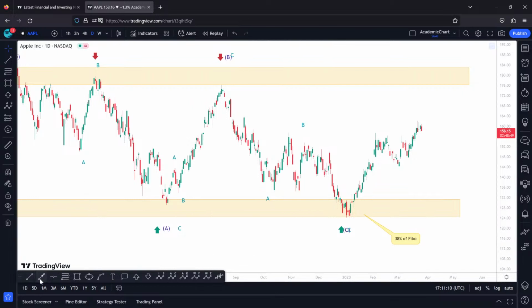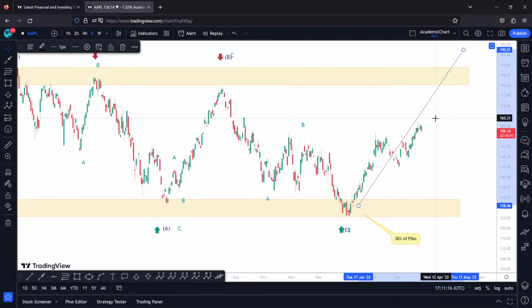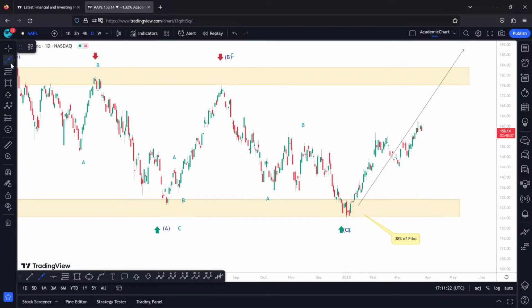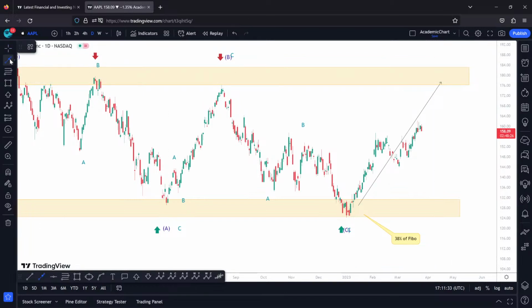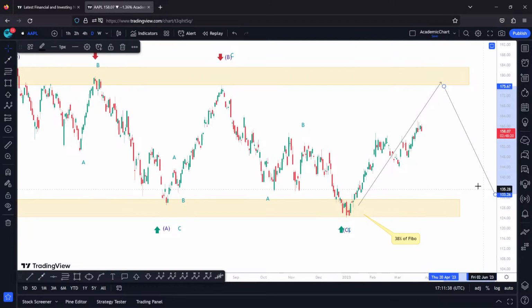So we are expecting that it continues this momentum to the top as one of the scenarios that we also discussed in the previous analysis. I will come back to an update very shortly. Or it might be the continuation of this range market as we might see a combo or triple corrective structure, something like that.